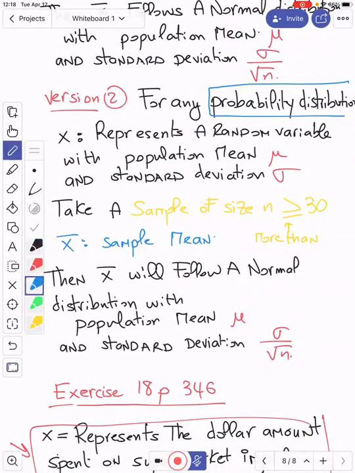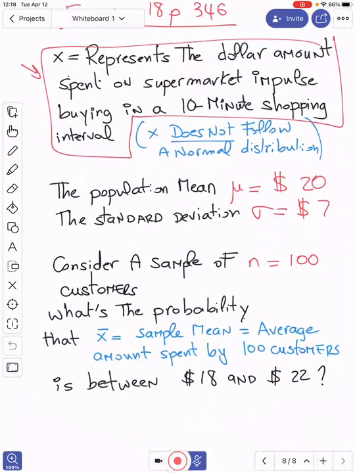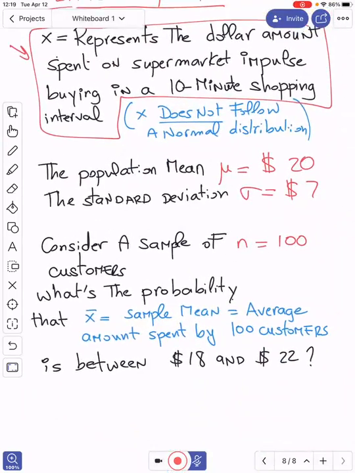Version 2 says X represents a random variable with a population mean, etc. It doesn't say X is normally distributed. To use version 2, you need your sample size to be larger than 30. In this exercise, we have a random sample of 100 customers, so of course 100 is larger than 30.